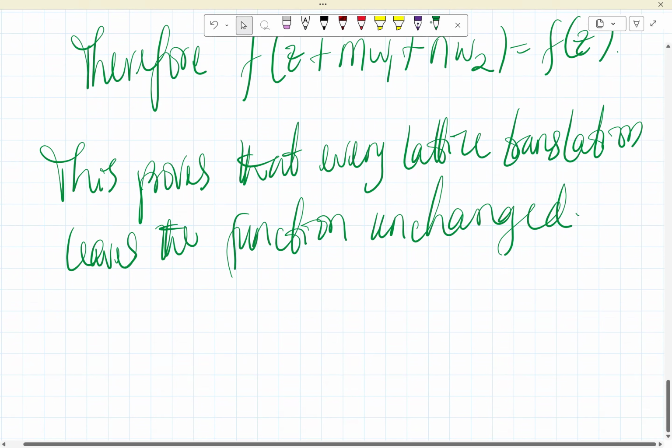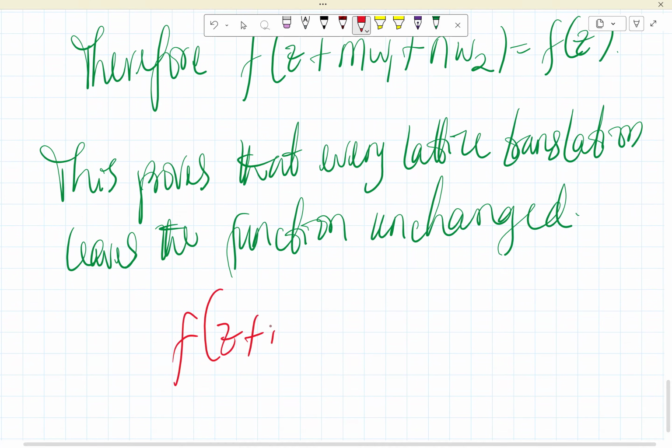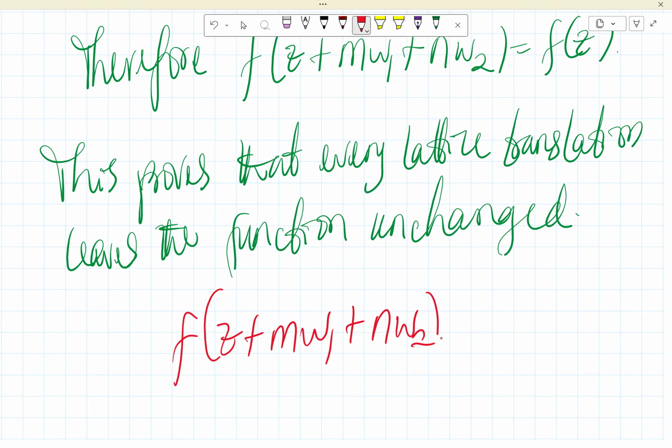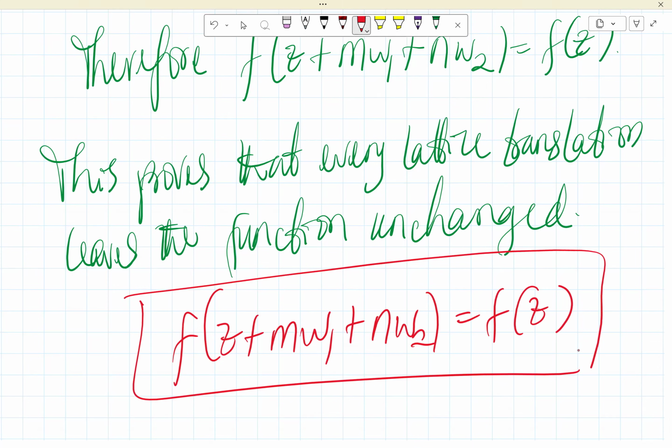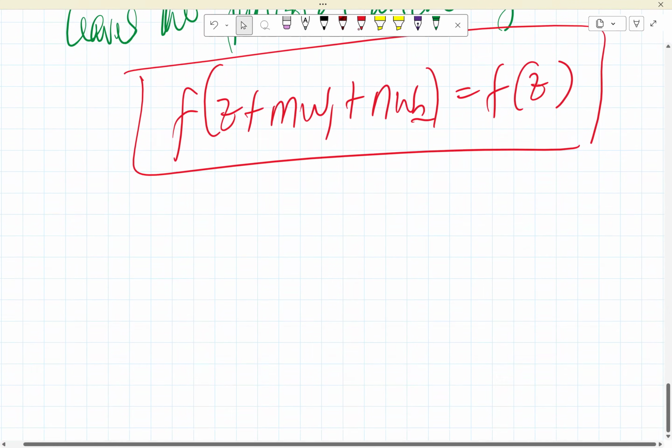In essence, we're saying that f of z plus m omega 1 plus n omega 2 is equal to f of z. And that's what we are told to prove.